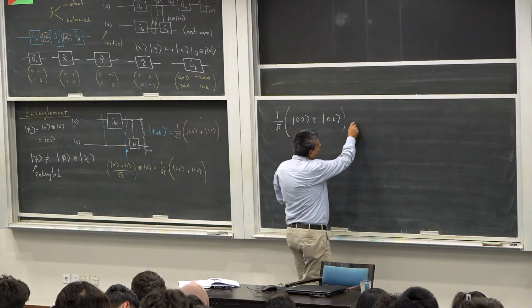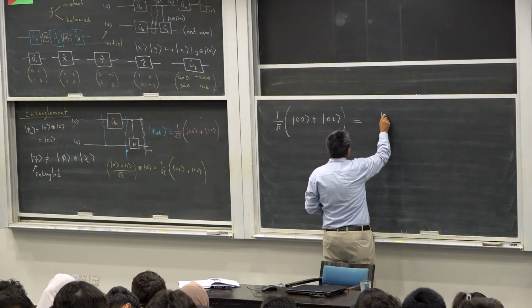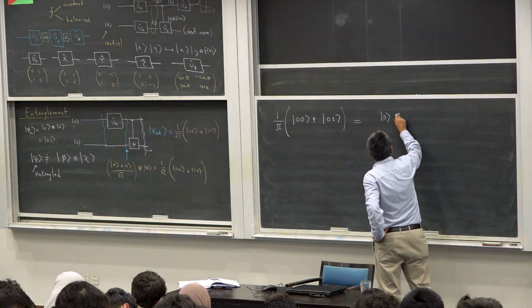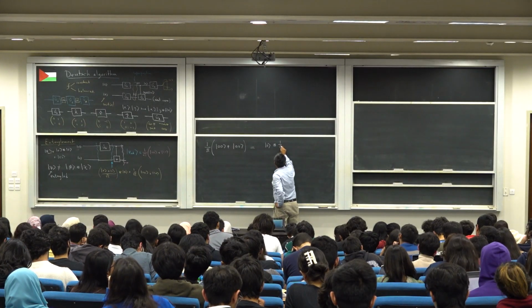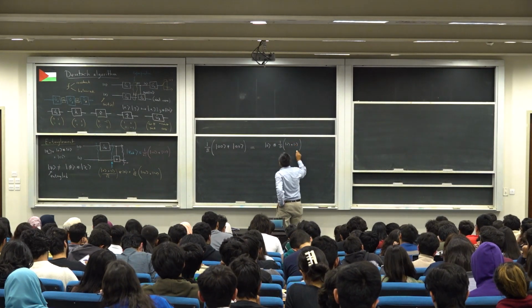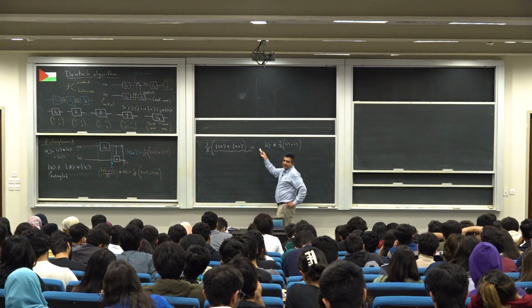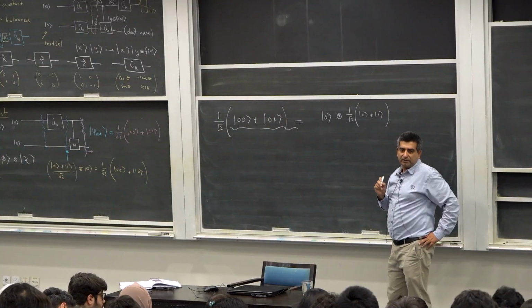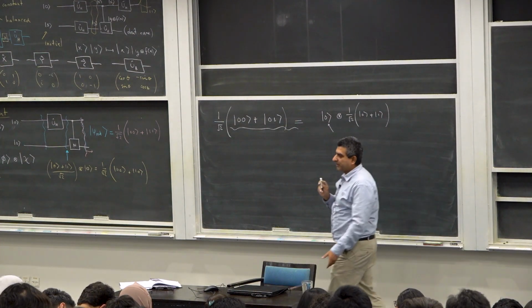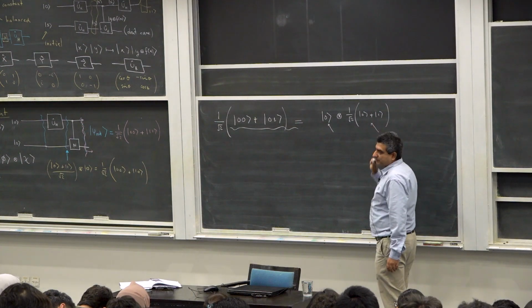This state is totally equivalent to ket 0 crossed with 1 over root 2 ket 0 plus ket 1. So I've taken this state and just written it in a factorizable form in which the identity of the first qubit is clear. This first qubit is in a state ket 0 and the second qubit is in a superposition state.